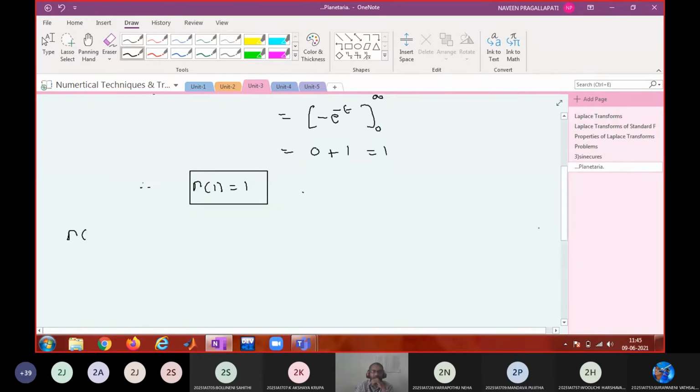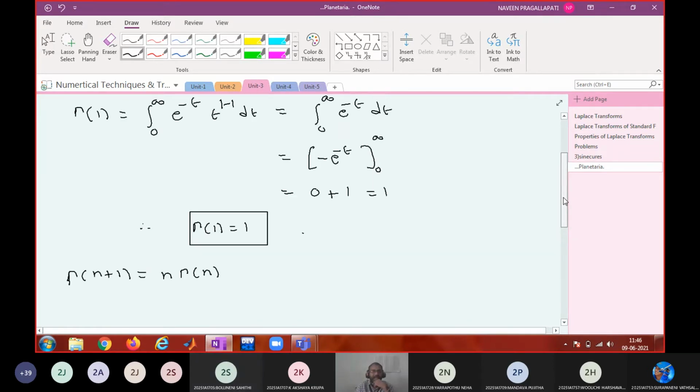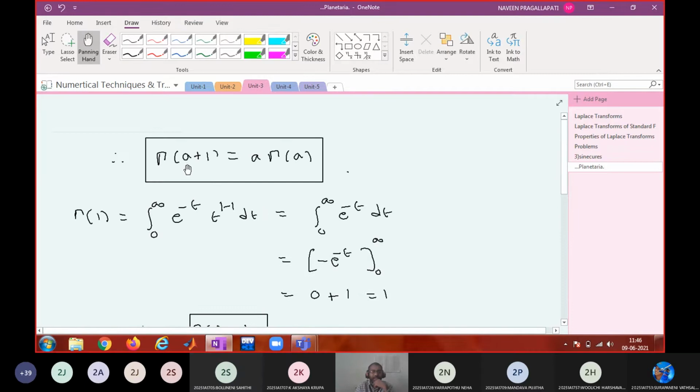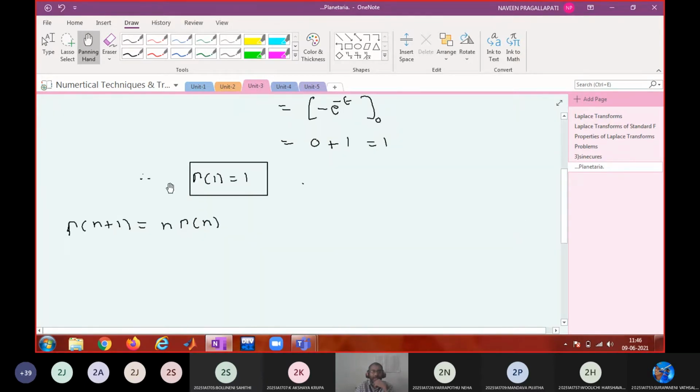So if gamma of 1 is 1, can you tell me, listen carefully, what will be gamma of n? Or I'll say, what is gamma of n plus 1, where n is a natural number? Can I write it as n into gamma of n? Because gamma of a plus 1 is a into gamma of a, I substituted a equal to n. Gamma of n plus 1 is n into gamma of n. Agreed?